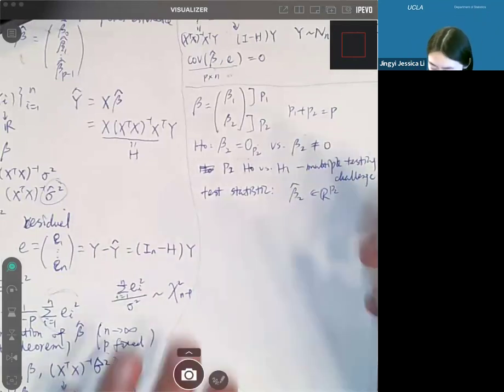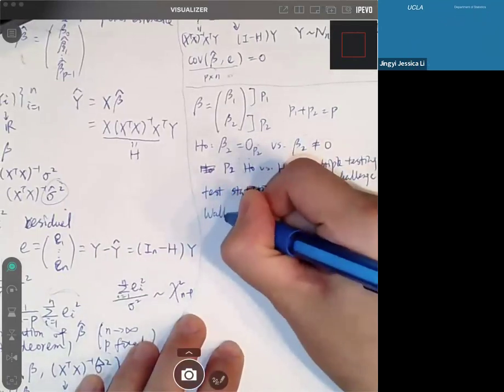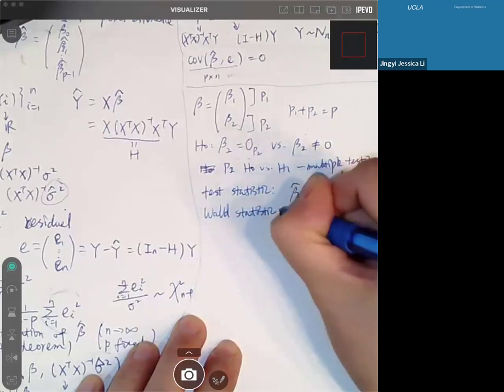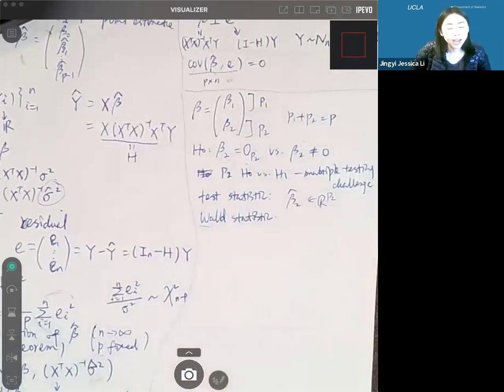So this is known as the Wald statistic. Wald was a pioneer, one of the early statisticians who made very fundamental contributions. Just as a story, many of you might have heard that during the Second World War he was involved as a statistical consultant.